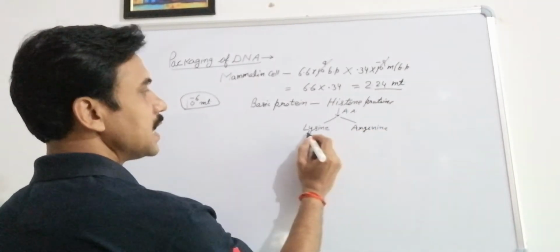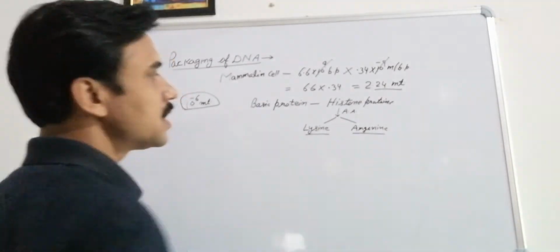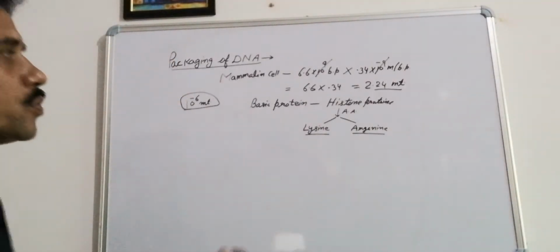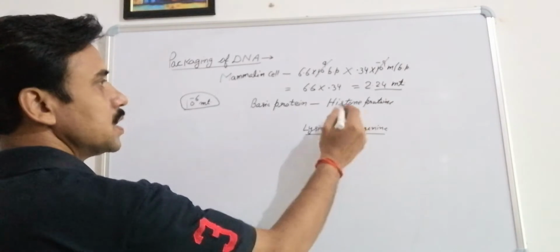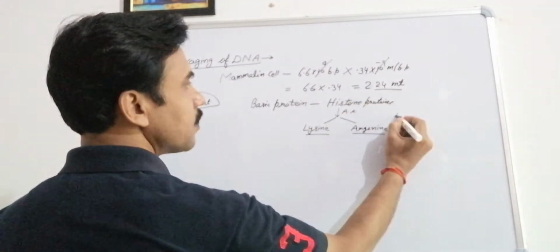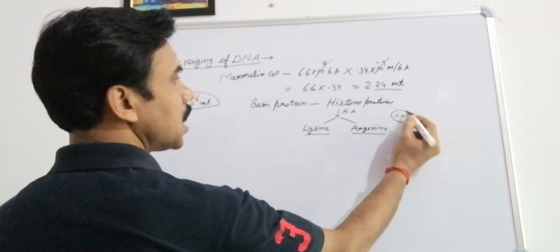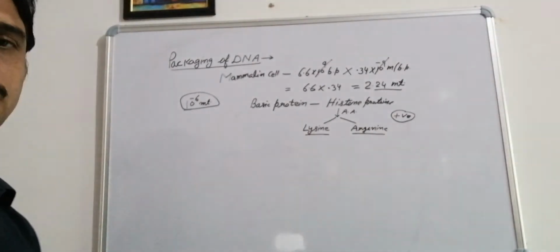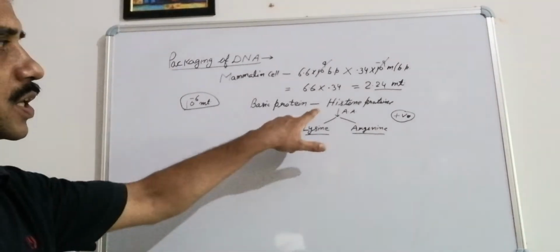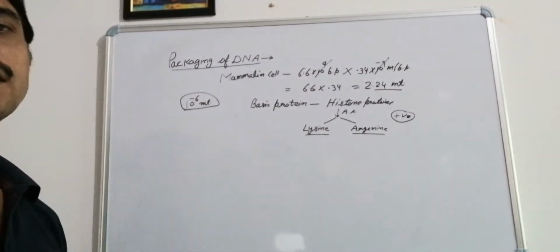Lysine and arginine have residues due to which the histone proteins develop a positive charge. So the positive charge comes on the histone proteins because of arginine and lysine.